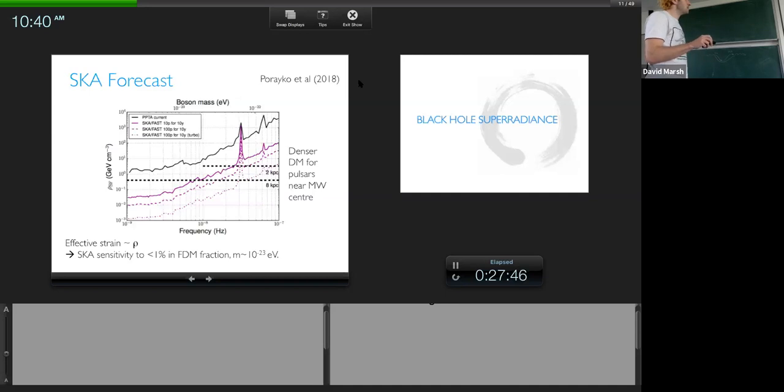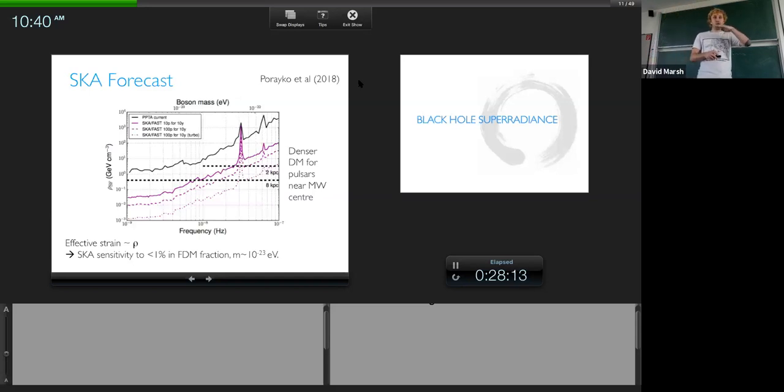So that means that this technique will give you constraints on the FDM fraction between 10 to the minus 22 and 10 to the minus 23 eV and below, corresponding to about 1% of the local dark matter. So that is the kind of quality of constraint that we were getting from the CMB. The CMB was giving us constraints on the cosmic density at lower masses at about the 2% level.